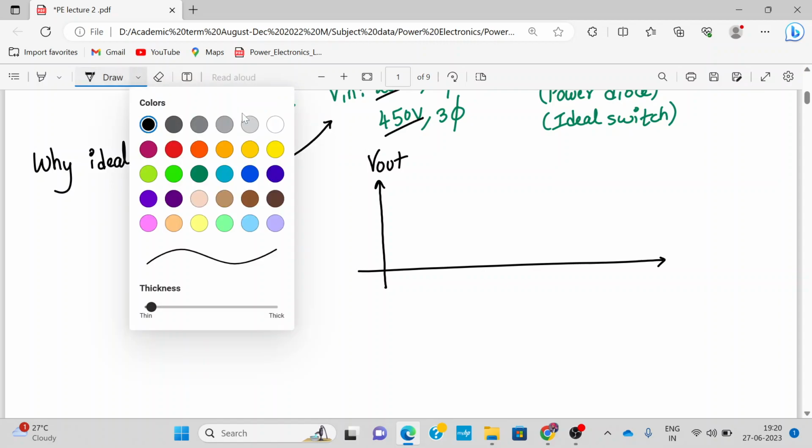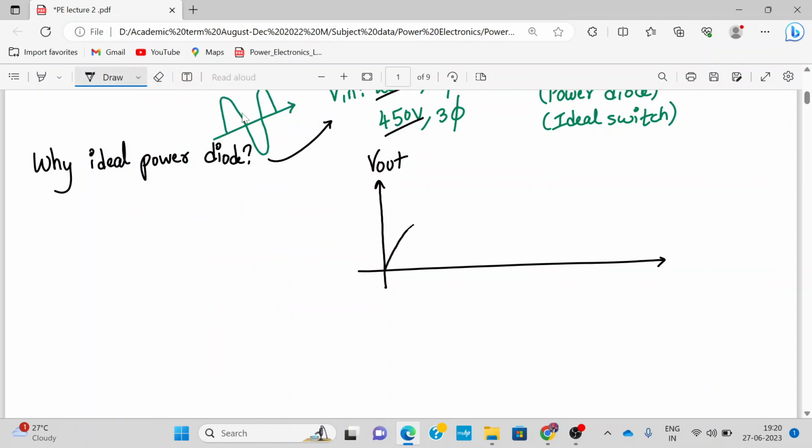For the positive half cycle, it's following the input. For the negative half cycle, it's following the negative of the input. Again for the positive half cycle, again for the negative half cycle. So this is my full wave rectifier output waveform with respect to time.